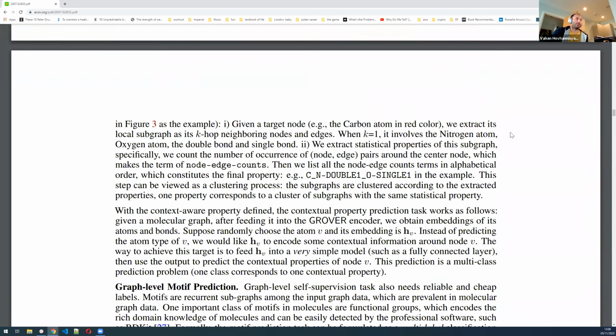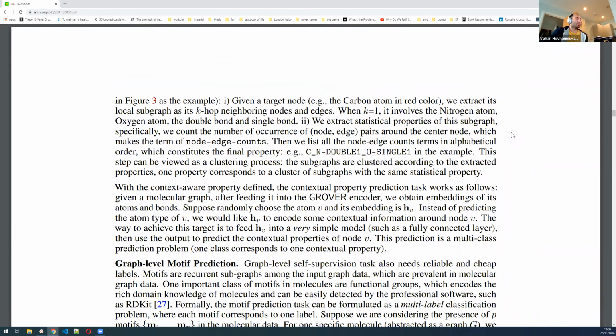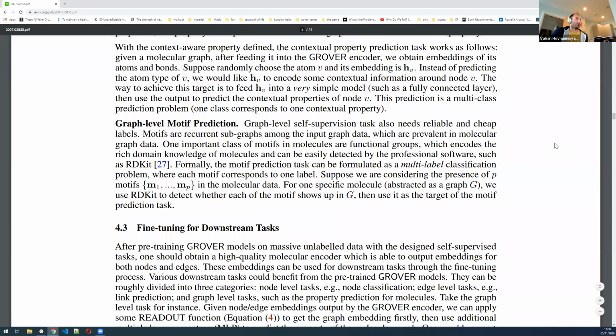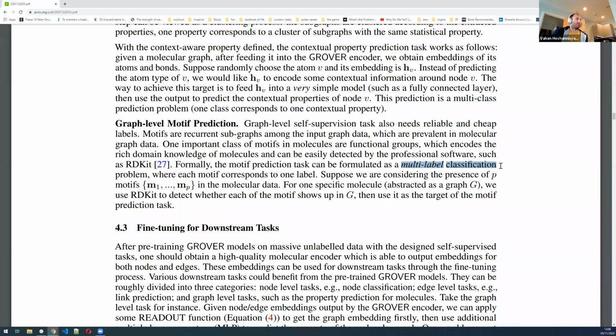The other one is on a graph level, where they use software called RDKit that automatically extracts motifs for a molecule. Interestingly, that's a multi-label classification. So it seems to be a common thing in molecular biology to have multiple labels, but those are done automatically.